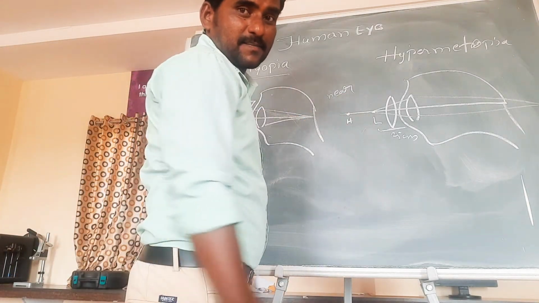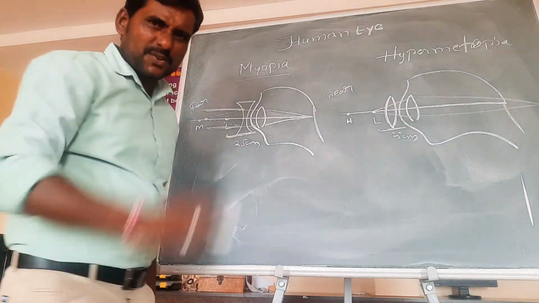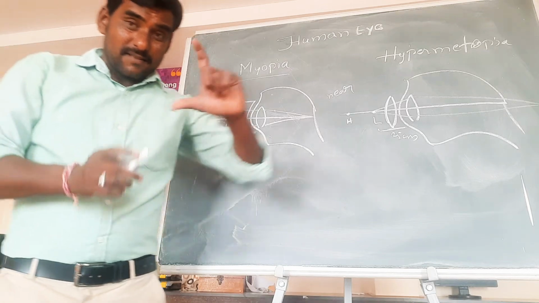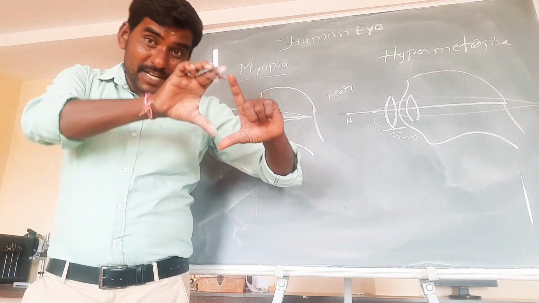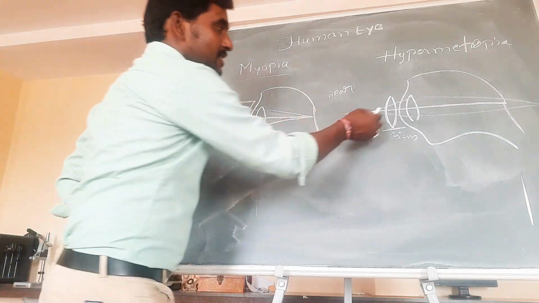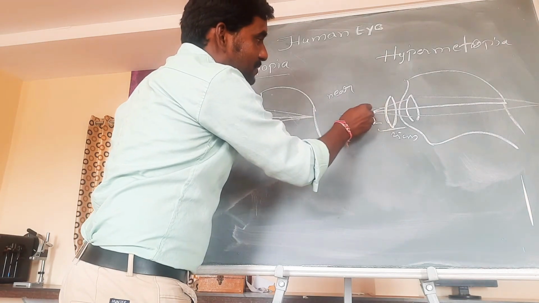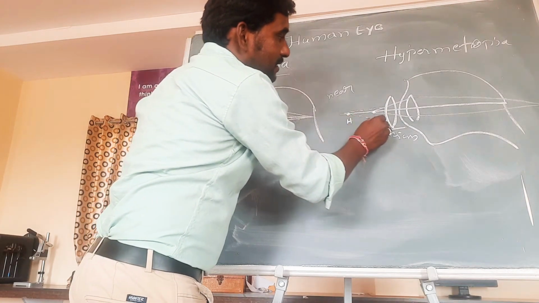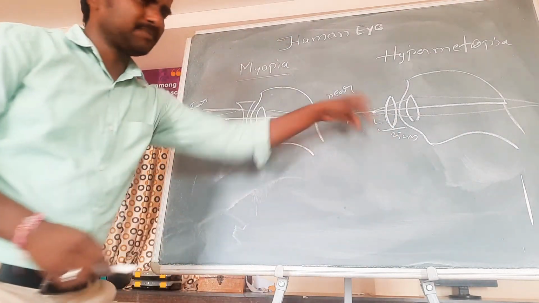In the case of the convex lens, if I take the object between F and P, the image forms beyond the object, on the same side. Here when I take the convex lens, the image forms back.